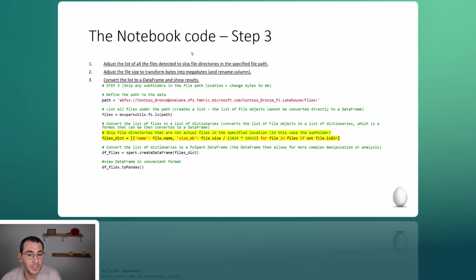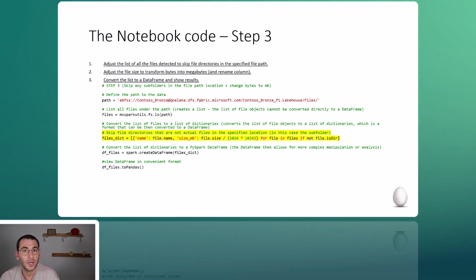We have to adjust the file size, transform it from bytes to megabytes, and finally rename the column, because after the transformation we want to indicate that this column is now in megabytes. And then we convert the dictionary to a data frame and show the results.